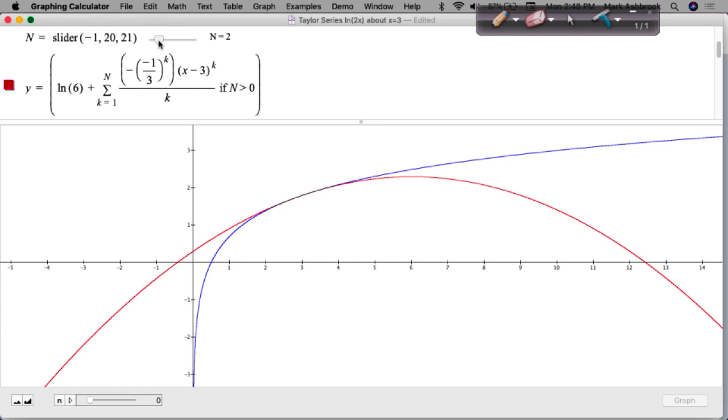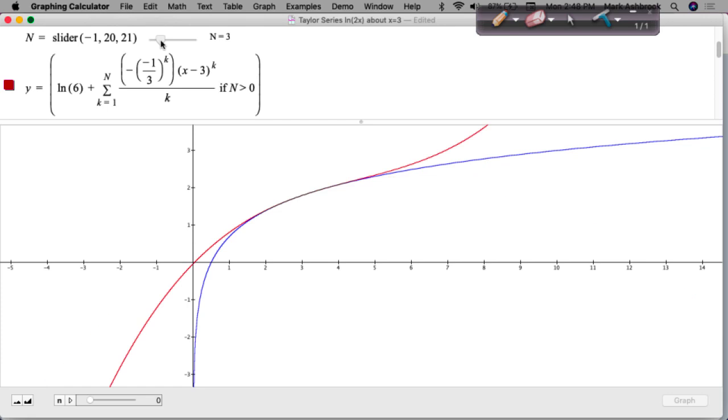So watch what happens as I take one more term each time. These are partial sums of the Taylor series, so they're Taylor polynomials. This is the 10th degree, 11th, 12th, 13th. Look what's happening by x equals 0.